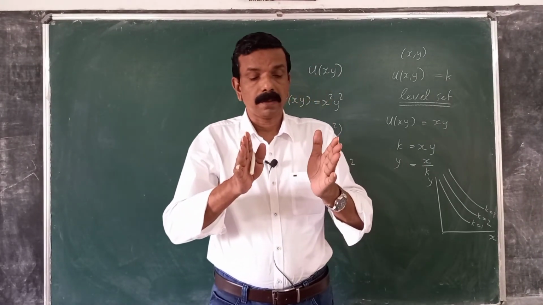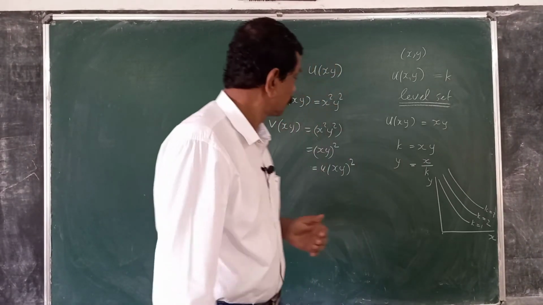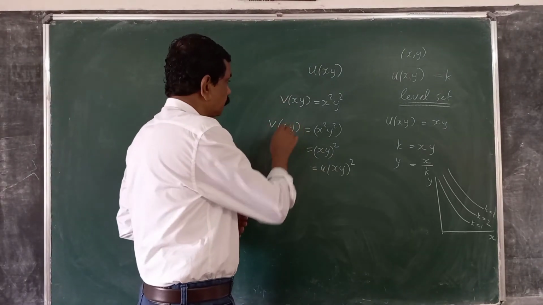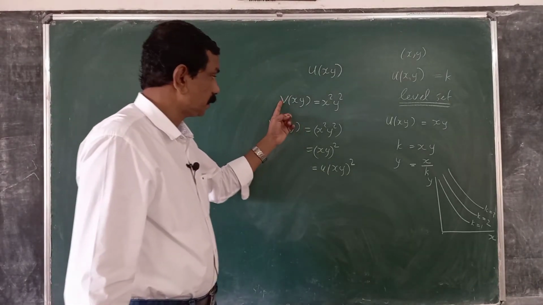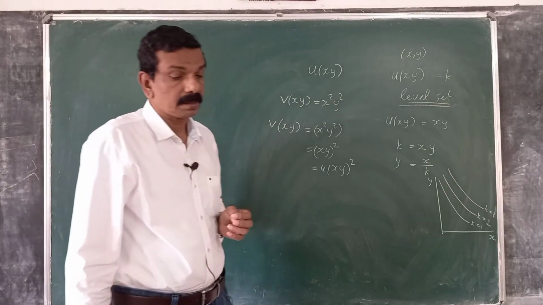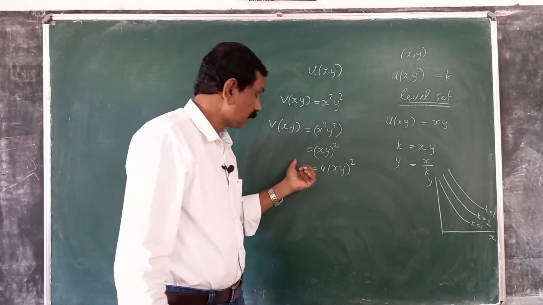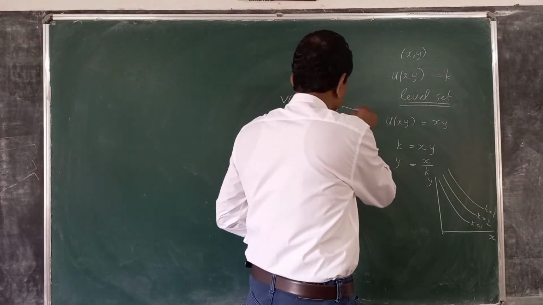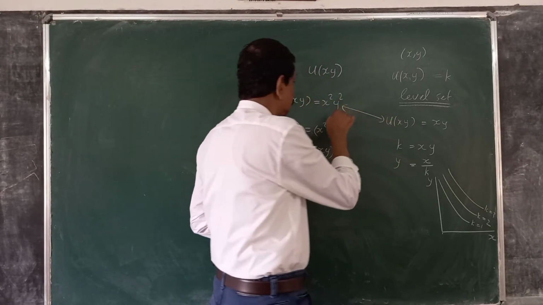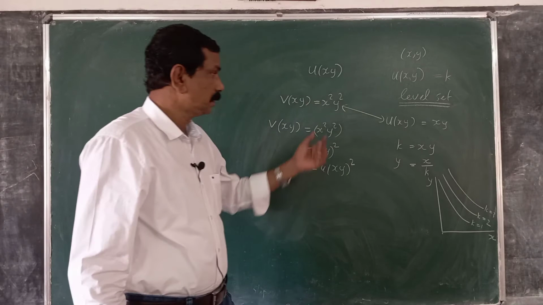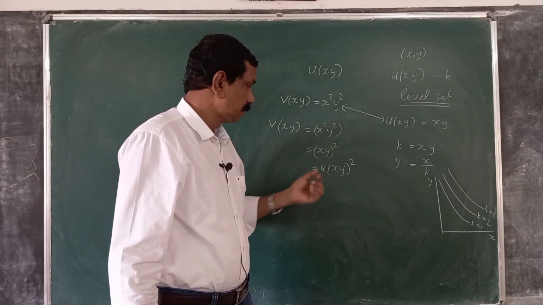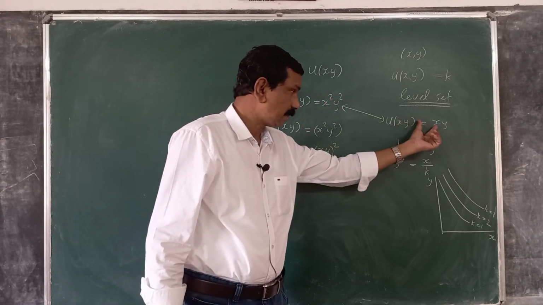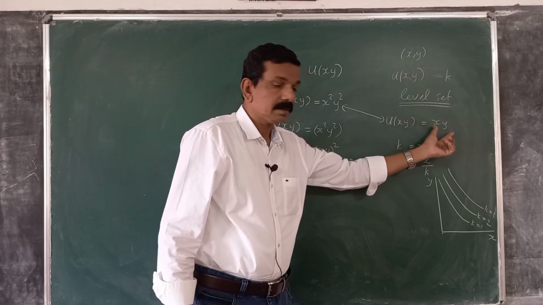So the utility function V(x,y) is nothing but the square of the utility function U(x,y). V(x,y), x square y square, is nothing but the square of U(x,y), that is xy.